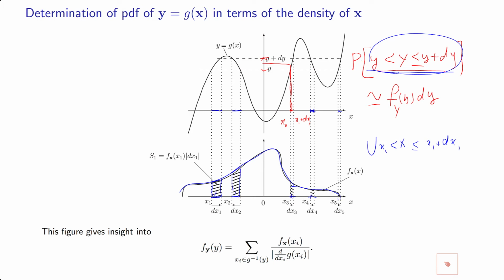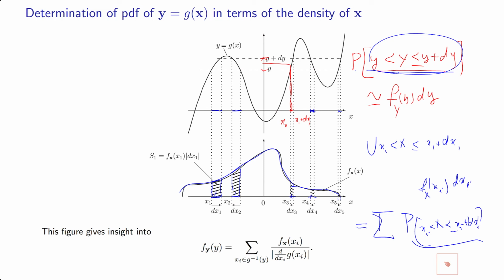So I could say that this probability is equal to the summation of probabilities that x is between xi and xi plus dxi, with the absolute value of dxi. And these probabilities are approximated by fx of, let's say, xi times dxi.